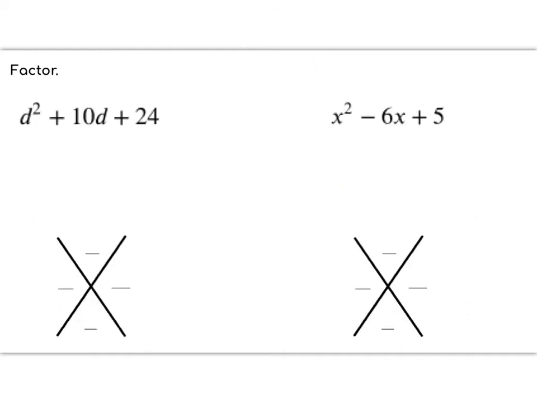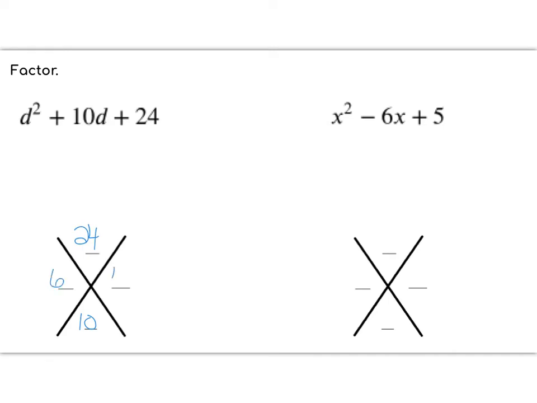So let's try the next one. We want to factor d squared plus 10d plus 24. Since this leading coefficient, that's what that's called, since this coefficient in front is a 1, I can use the x game. So I need two numbers whose product is 24. The last term is always the product, and the middle term is the sum. So what are two numbers whose product is 24 and whose sum is 10?